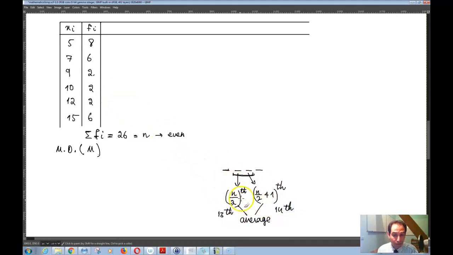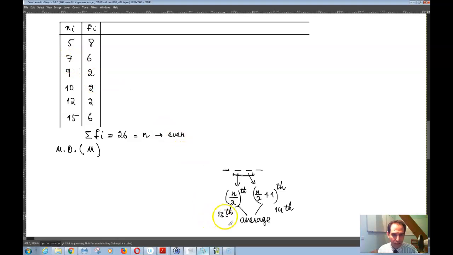Now, since you want to find the 13th and the 14th observations, in this case it's not that hard to count. You can say 8 plus 6 goes all the way up to 14, so the 13th must be among these numbers, and these are all 7s, right?